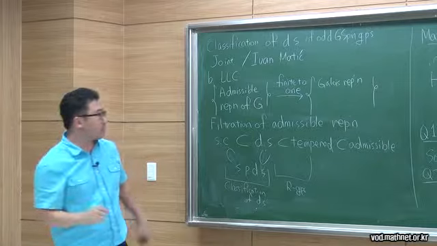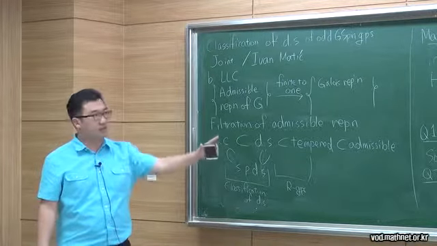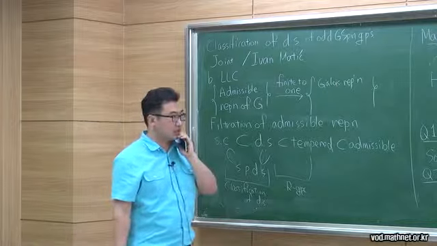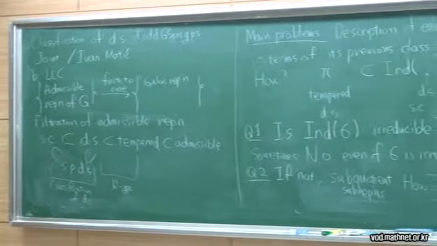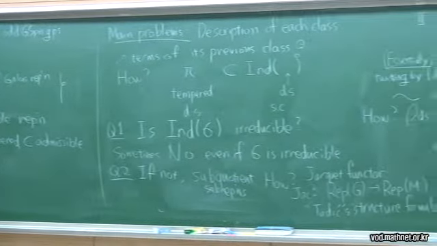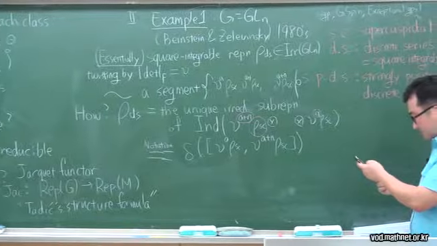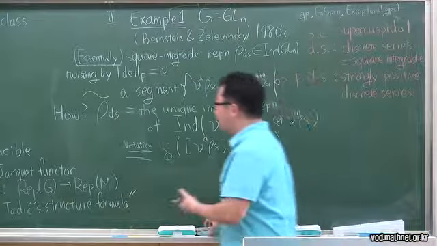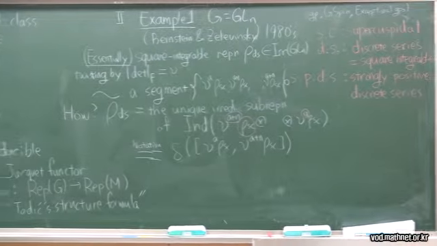But in the case of classical groups, it depends on the characteristic. For GLN, I will check as well. But characteristic 0 case, no problem. Okay. So the second example, before we get to all the GSpin groups, is the following.